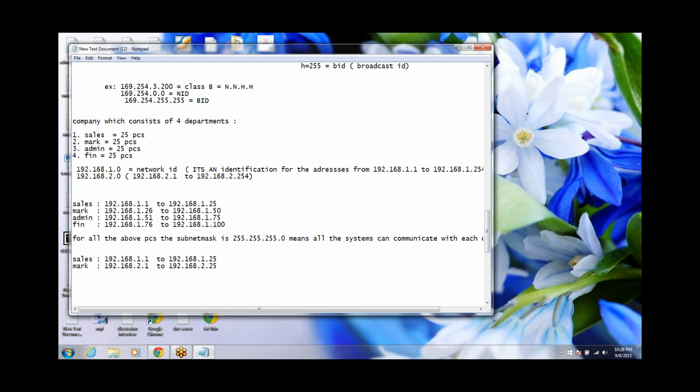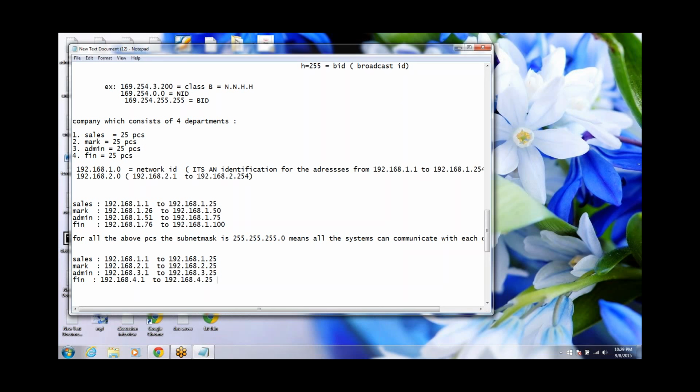Now for admin, I say 192.168.3.1 to 192.168.3.25. Then for finance, 192.168.4.1 to 192.168.4.25.